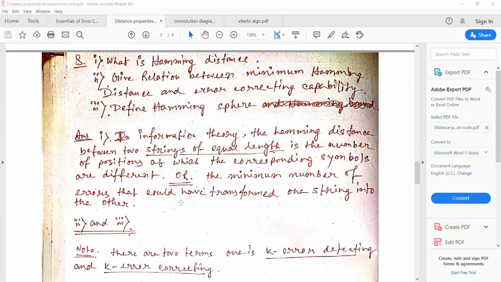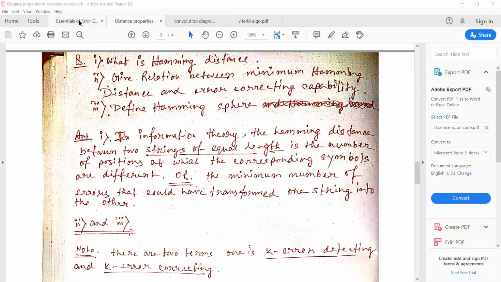So from the first question, the definition of the Hamming distance. In information theory, the Hamming distance is between two strings of equal length. In the previous examples, we have always taken codes of equal length. If A is a 2-bit representation, then B is also a 2-bit representation.